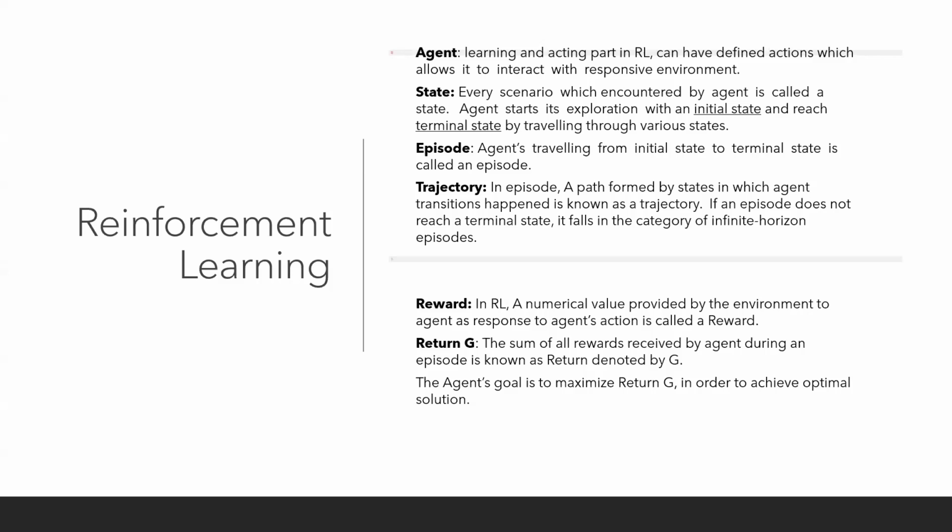If an episode does not reach a terminal state, sometimes the agent does the wrong actions, and because the agent doesn't have any knowledge beforehand, sometimes it gets stuck in some actions and makes a loop. That's called an infinite horizon episode.